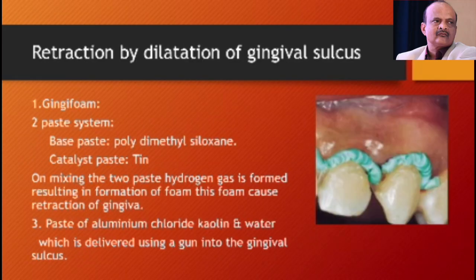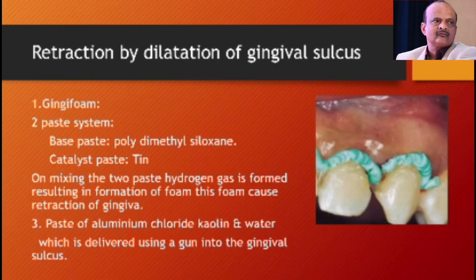Retraction by dilatation of the gingival sulcus usually comes as a gingifoam, which has a dual paste system. The base paste contains polydimethyl siloxane, and the catalyst paste contains tin. On mixing these two pastes, hydrogen gas is formed, resulting in the formation of a foam, and this foam causes pressure on the gingival margin.